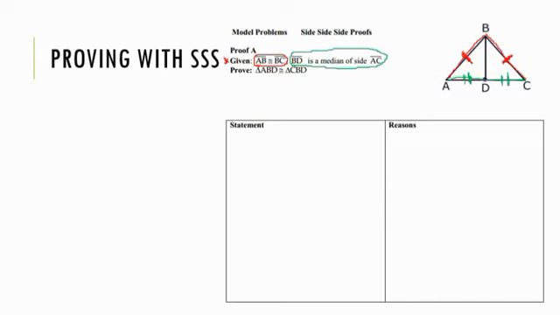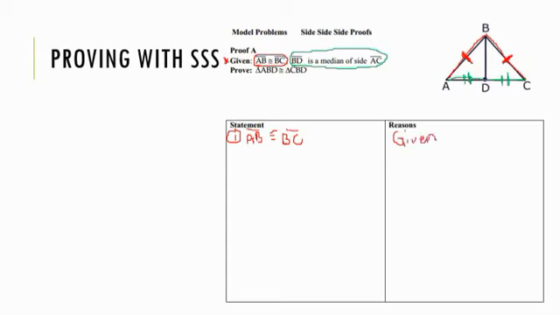I'm going to also write them out as a starting point for our statements and our proof. So let's start with number one: AB is congruent to BC. And why can I say that? Because it is given to me.